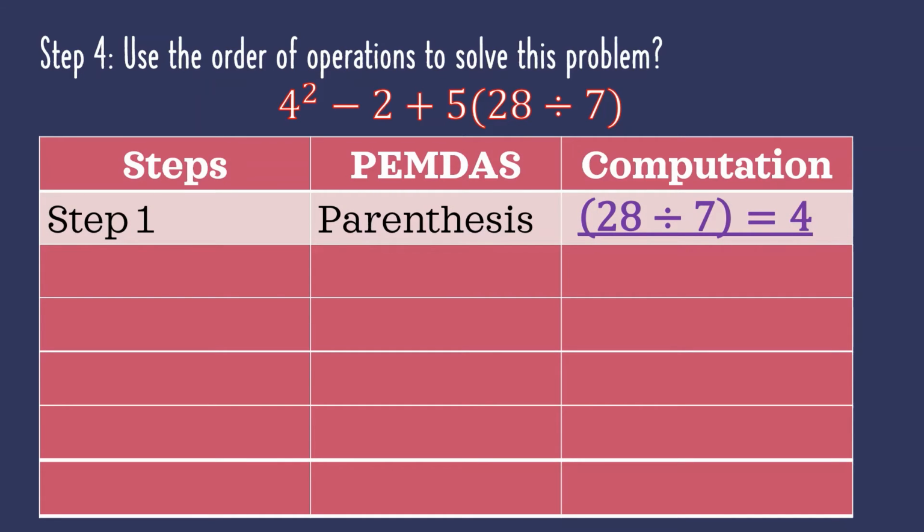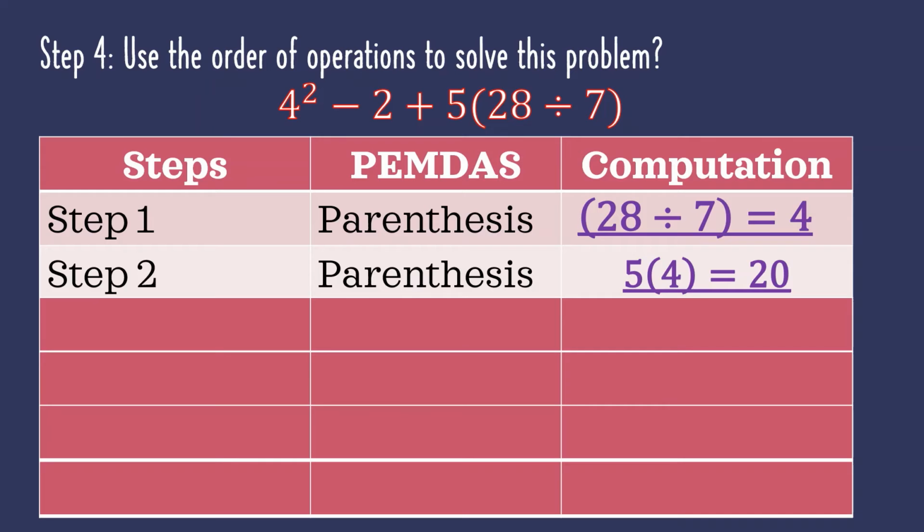And we would end up with 28 divided by 7 equals 4. The next step we would do would be parentheses. We still do not move on because we still have 4 inside the parentheses, and the 5 is telling us that that will be multiplication. 5 times 4 gives us 20.